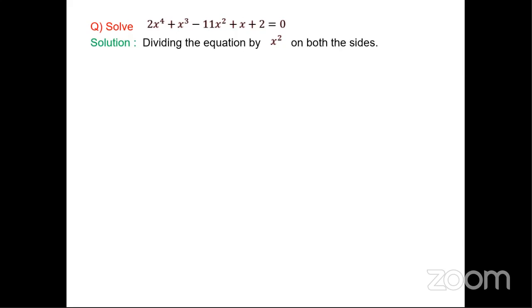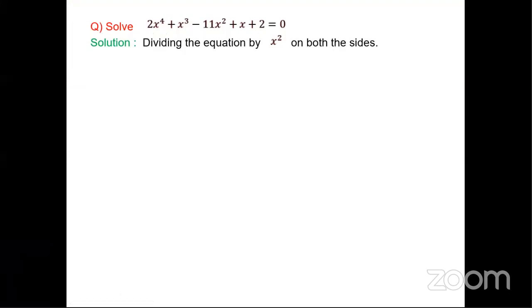Right? Now, if you observe your equation carefully, the equation is of degree 4. At a glance, it is not looking like a quadratic equation, but still we can reduce this equation into quadratic form.